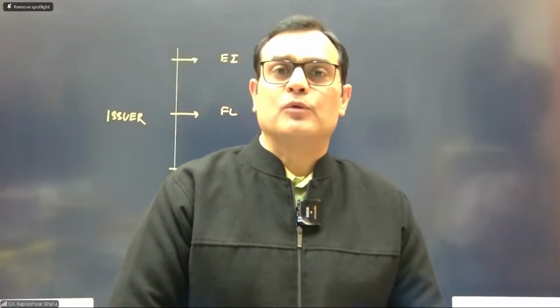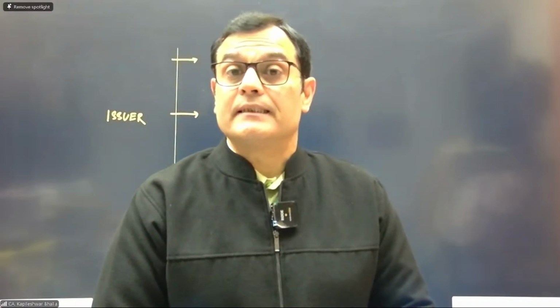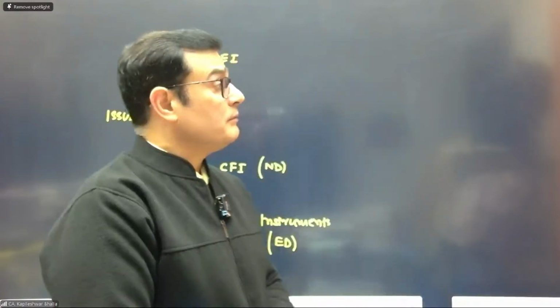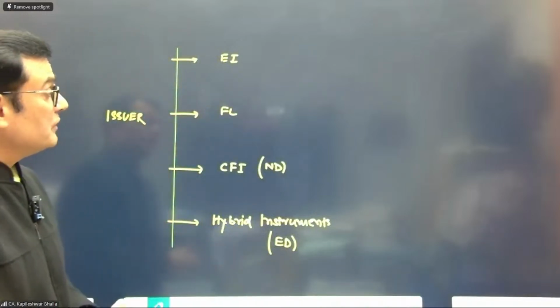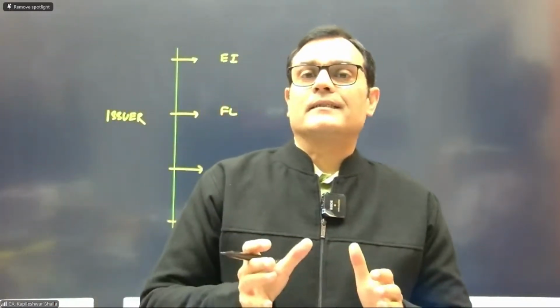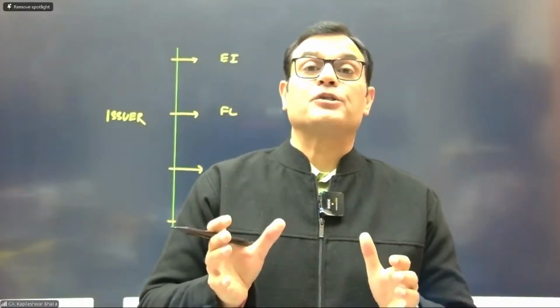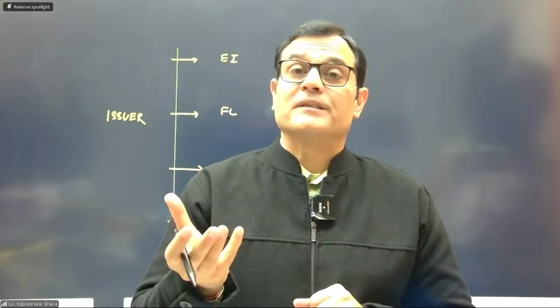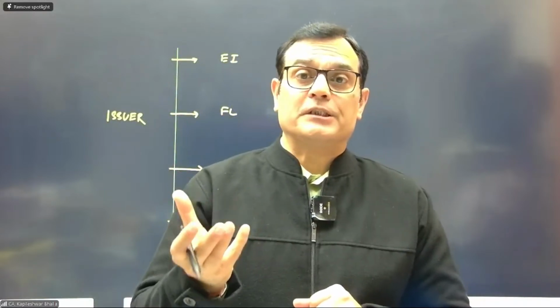Let's also quickly look at how they are going to be presented in the balance sheet of the company, because as we started our journey in IAS 32, I said IAS 32 talks about financial instruments presentation. We need to be very clear where you are going to present these instruments in the balance sheet of the issuer.